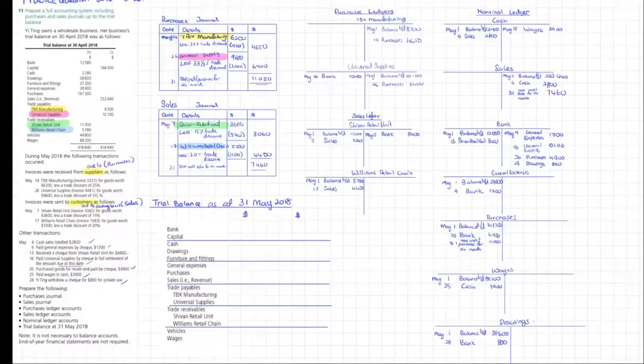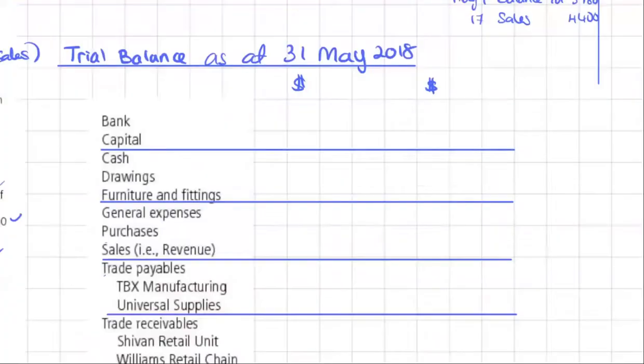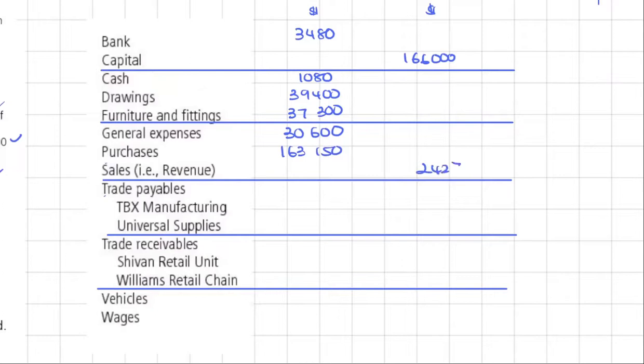And let's go to trial balance. So you can just have a look here. So bank, this is on the debit side. So there's no new account, so I don't need to create any new account. So bank is 3,480, capital is the same 166,000. Cash 1080, drawings 39400, 37300, general expenses 30,600, 163,000, 150, 242,700.